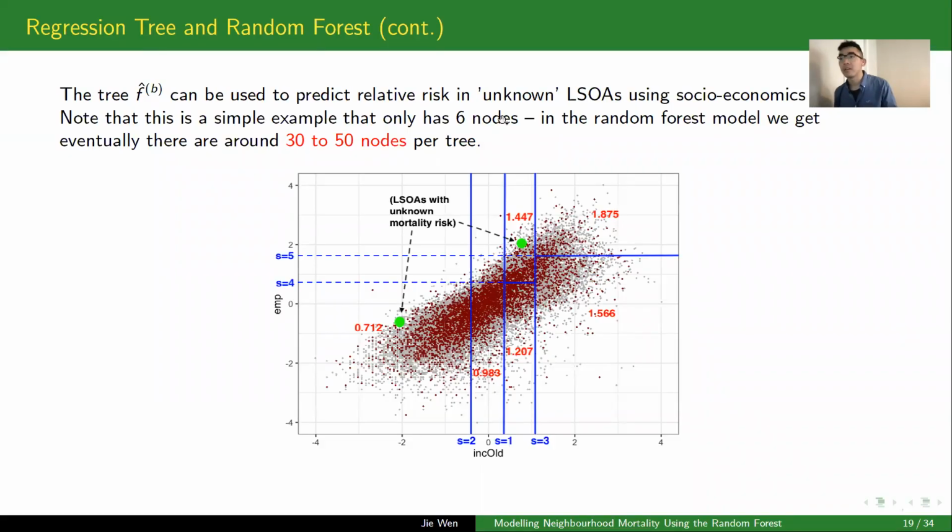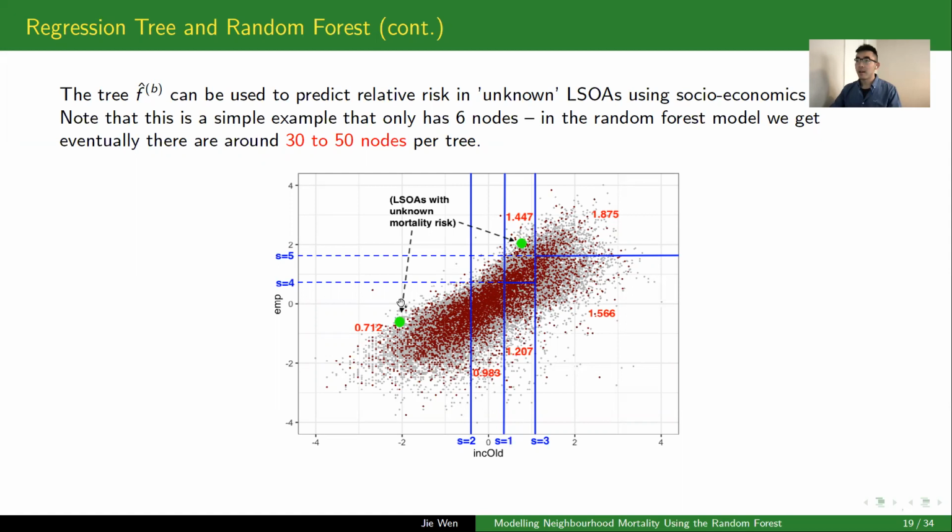And okay, now after having a readily available tree function, we can use this f hat b, the tree model, to make predictions for any so-called new RSOs, which are the RSOs with unknown mortality risk. So for example, if we consider these 2 green dots, they are RSOs. We know their socioeconomic characteristics, we know their encode, and we know their employment score, but we don't know their relative mortality risk.